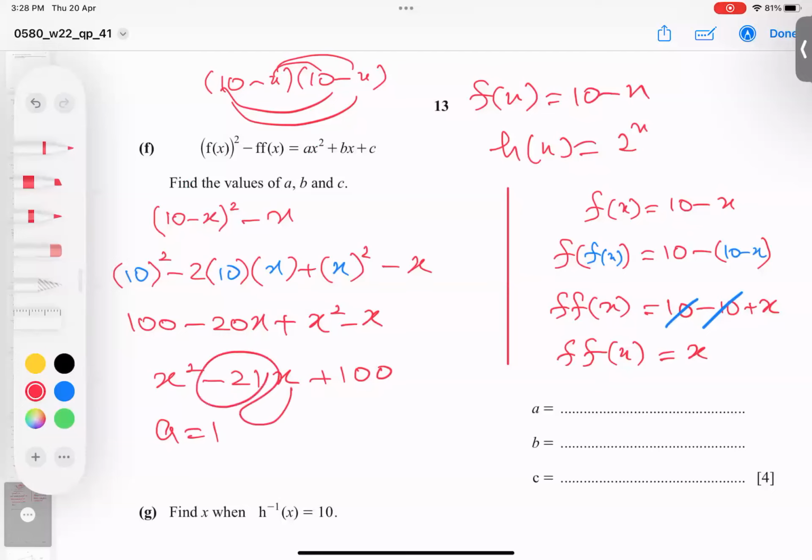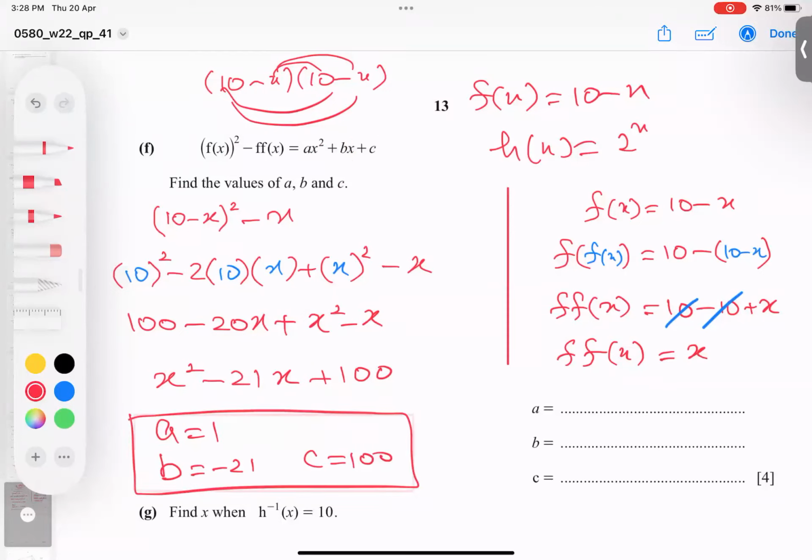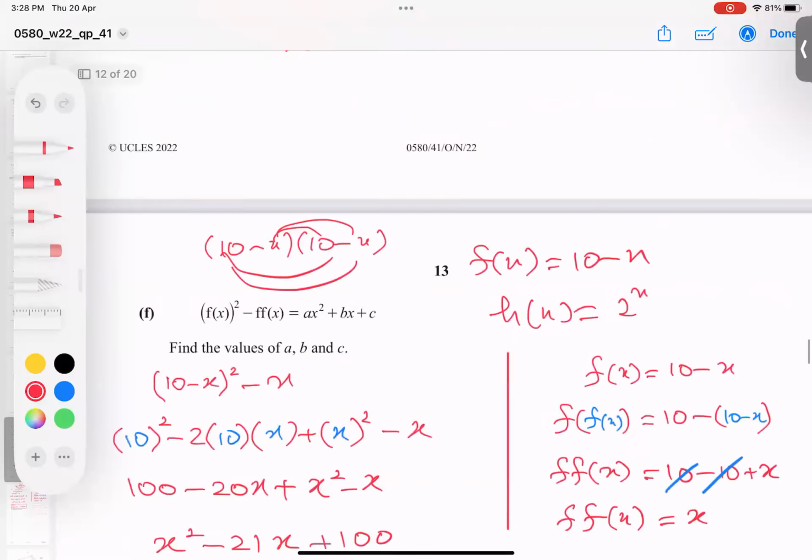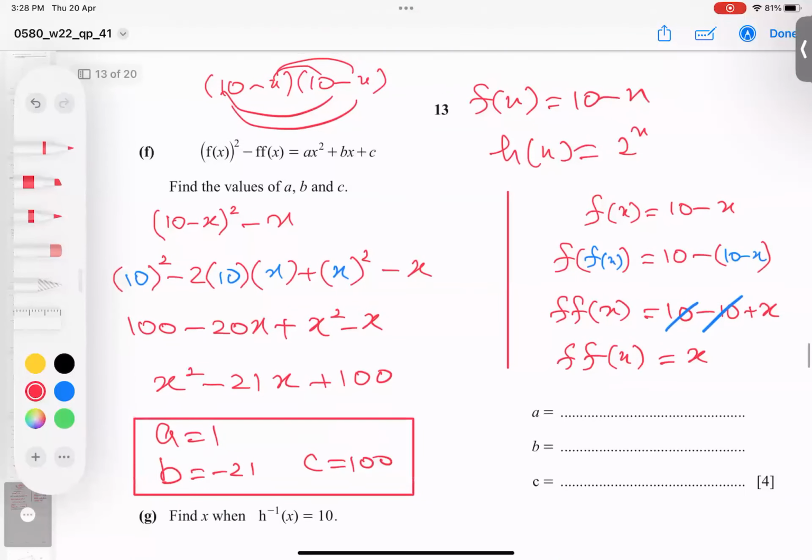The x coefficient is minus 21 and the x coefficient is b. So b value is equal to minus 21. This is 100 and here a lone number. So c is equal to 100, and I believe you got the point very, very clear. Just once again, I check the question, 10 minus x squared, yes, correct. It means all Alhamdulillah concept is clear.